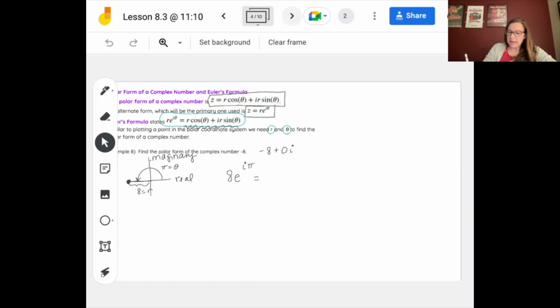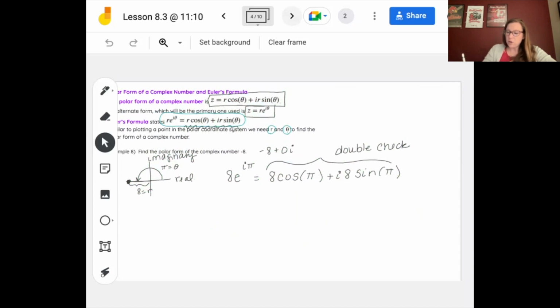Our radius is 8 times cosine of theta, which is pi, plus i times our radius of 8 times sine of pi. And maybe I'll just go like this and say, I'm just going to double check to make sure we believe that these are the same. Don't always have to double check, but just to kind of show our work.